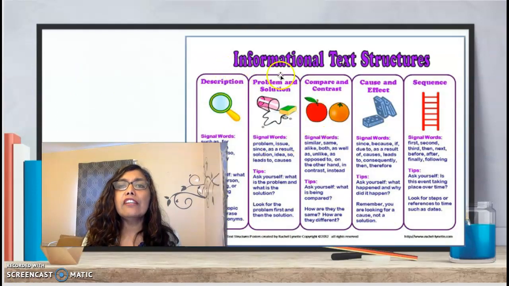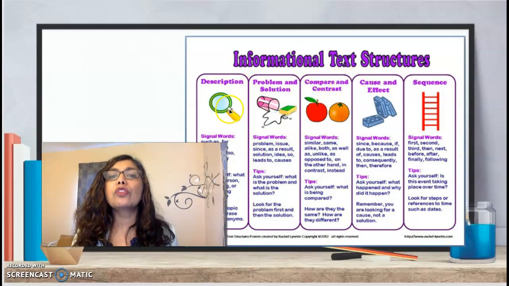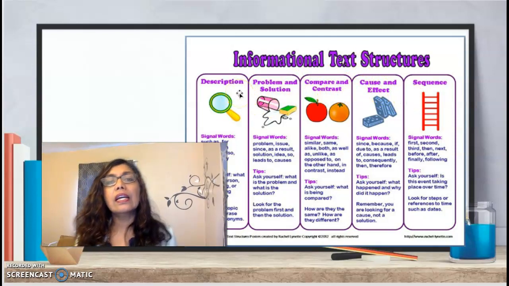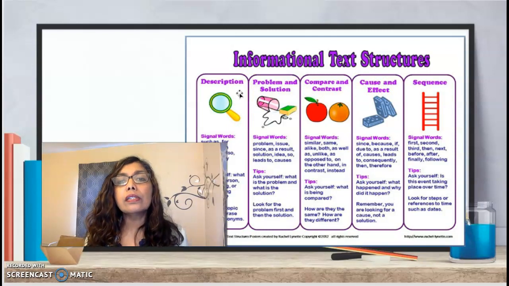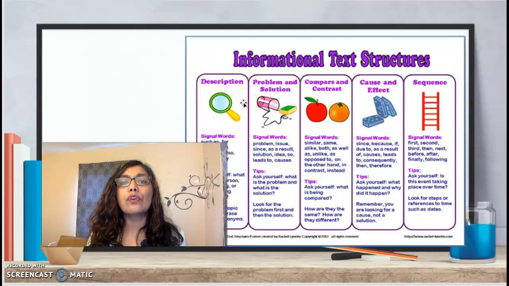When you think about informational text or expository text, we talked about those 5 different ways that the text can be categorized. So when you have a descriptive text, teach them signal words that will give them clues that this text is descriptive. Some words could be such as, for instance, in addition, also.